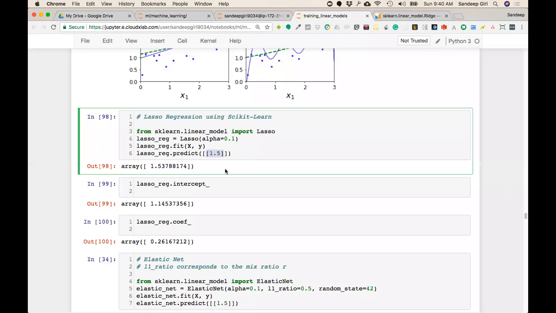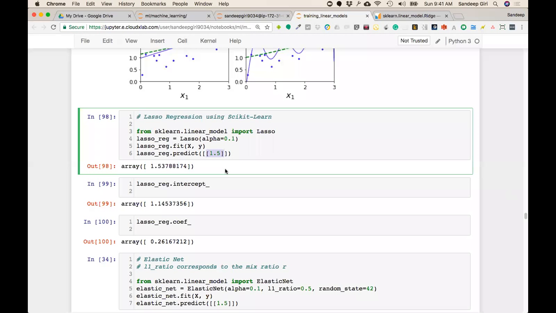Okay, was I able to understand your question? That's right, Pinta. So the input is 1.5, that's right, and the outcome is 1.537.